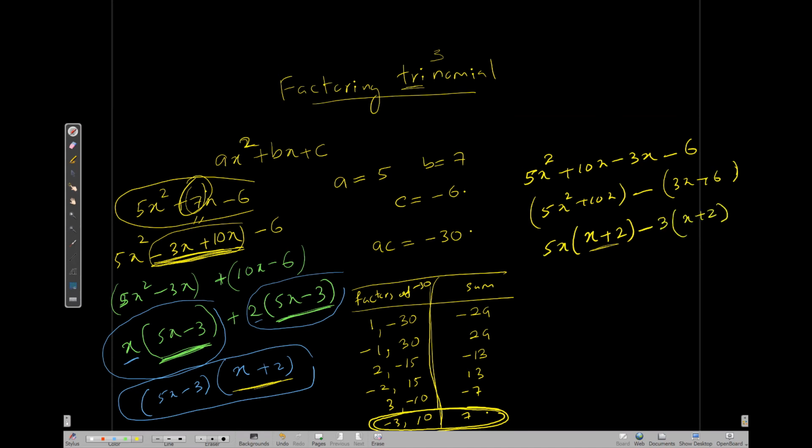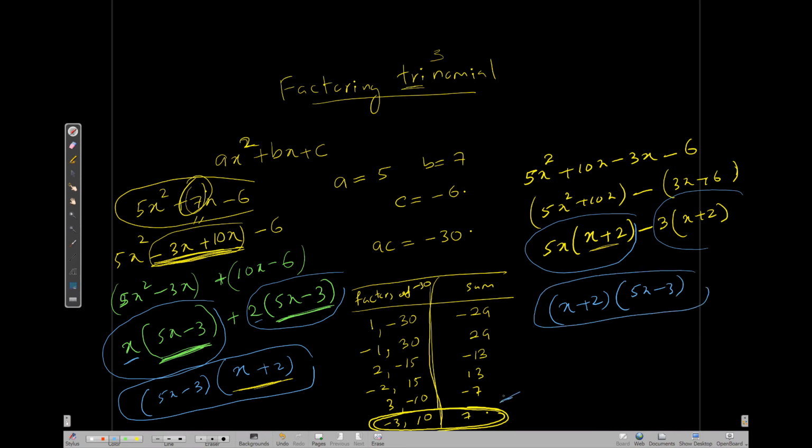Now we have two terms, and in those two terms you can pull x plus 2 out, and the remaining part is 5x minus 3, the same result. So it doesn't matter at this point which order you go. I think the idea is clear. Now let's do more examples.